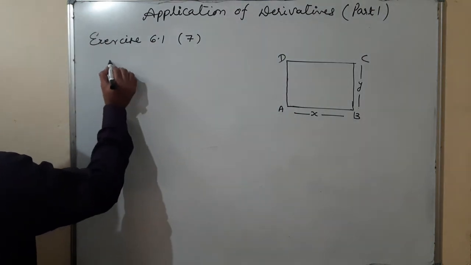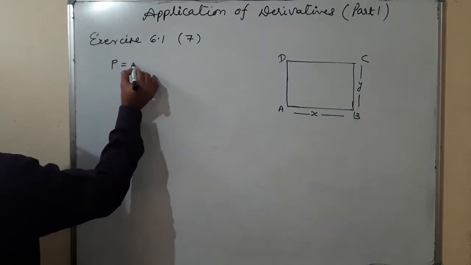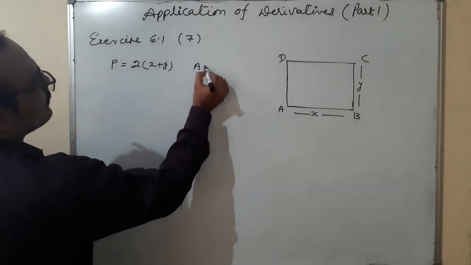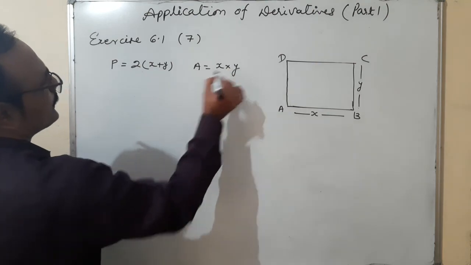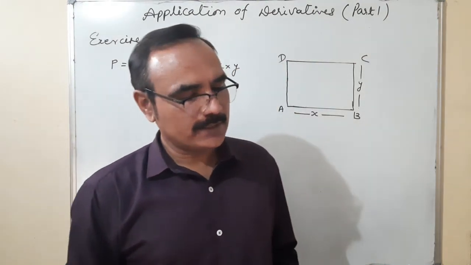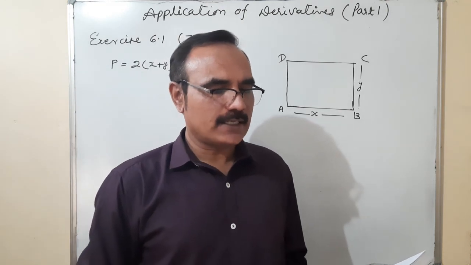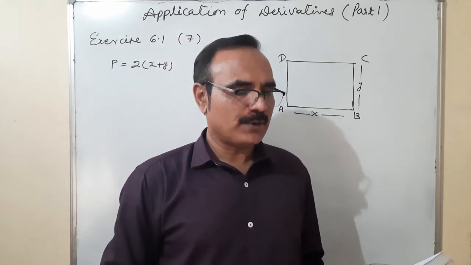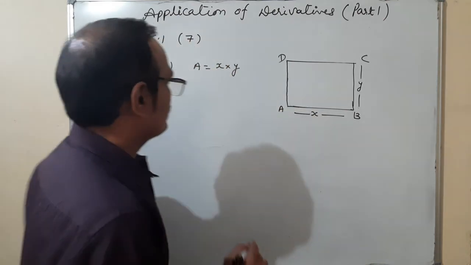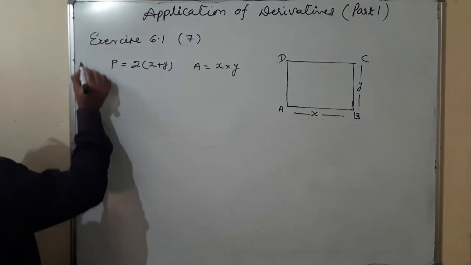Perimeter of rectangle is 2 into L plus B, that means 2 into x plus y. And area of rectangle is equal to x into y. Okay. Two things we are finding. Now let us see the question. The length x of a rectangle is decreasing at the rate of 5 centimeter per minute. Length x is decreasing. Okay. So right here it is given.